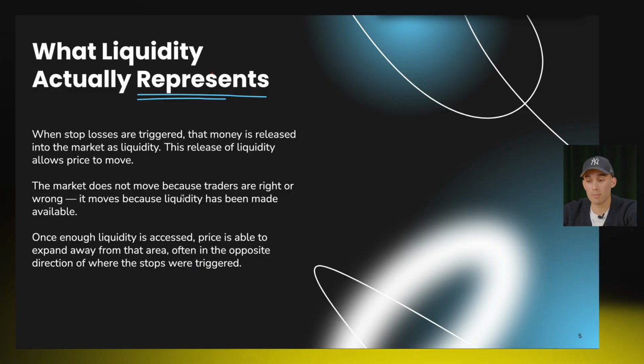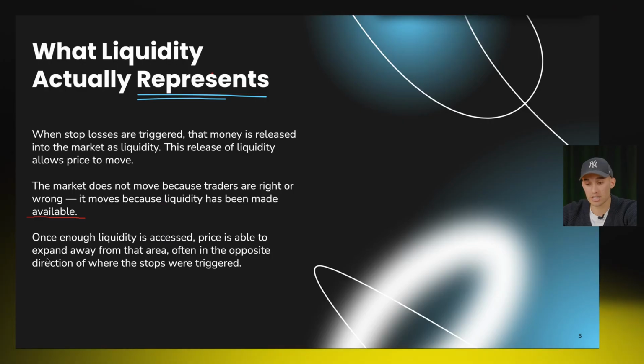For the people here that are not new to liquidity, that side of it is very common. It's very basic, right? The market does not move because traders are right or wrong. It moves because liquidity has been made available. Once enough liquidity is accessed, price is able to expand away from that area, often in the opposite direction of where stops were triggered. Again, take the highs, run for the lows, take the lows, run for the highs.